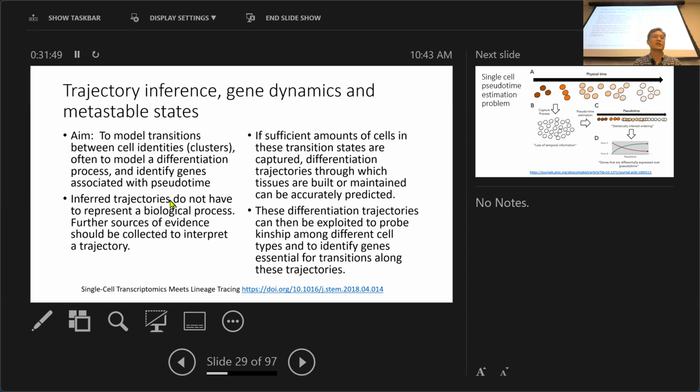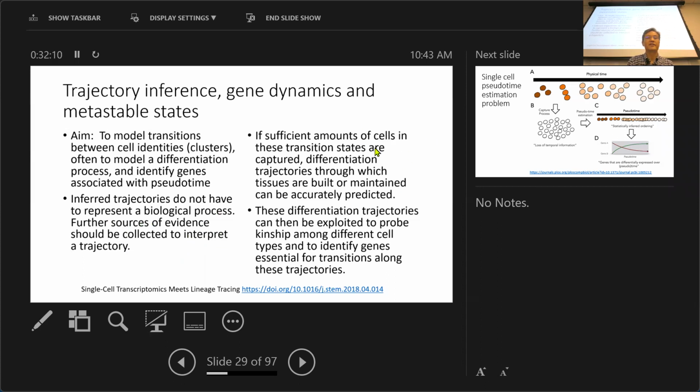So you want to find those genes associated with the time points, which are defined by the pseudo-time analysis, to infer the trajectory, to learn the biological process, and to find the control regulatory genes.